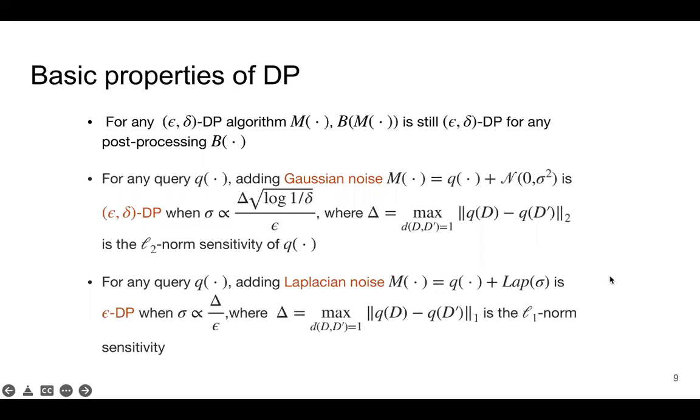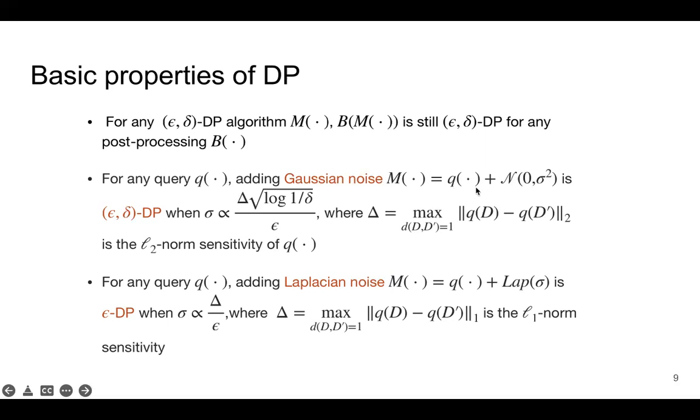There are some basic properties of differential privacy. For any epsilon-DP algorithm A and any function B over the output, the post-processing B of A is also epsilon-DP. To achieve differential privacy, there are several mechanisms. One is to add Gaussian noise, the other is to add Laplace noise.